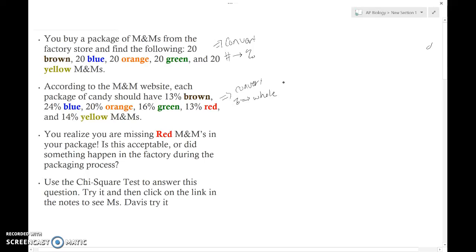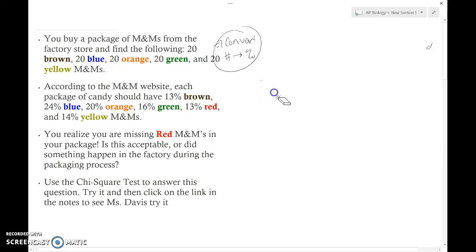I'm going to do the first way, where I convert the 20 of each into percentages, just so that you can see that percentages can be done. You just basically drop the percent sign.